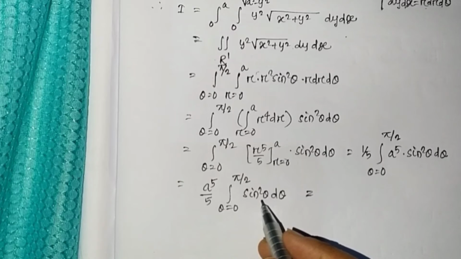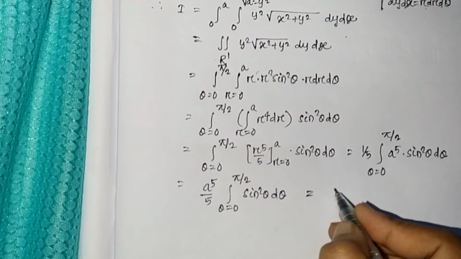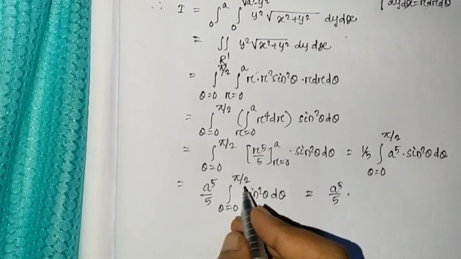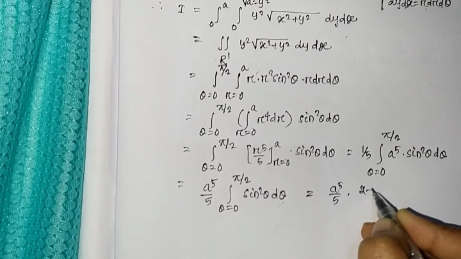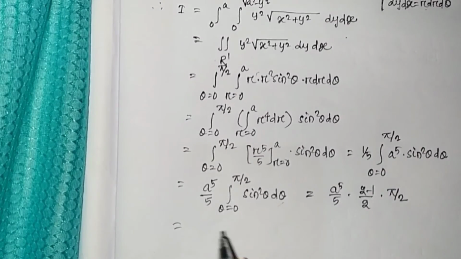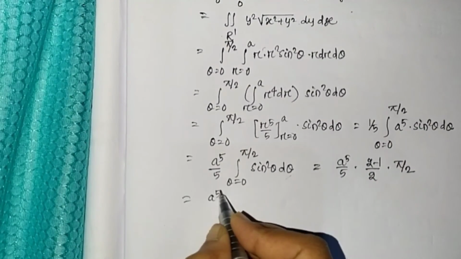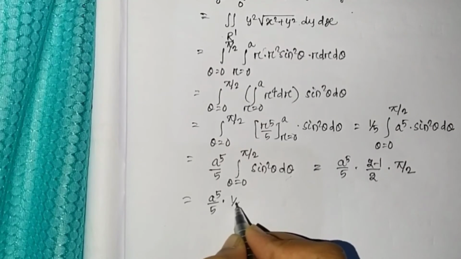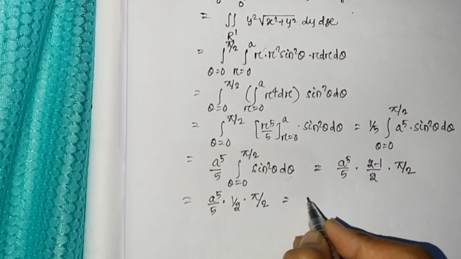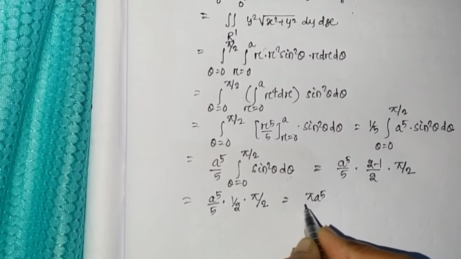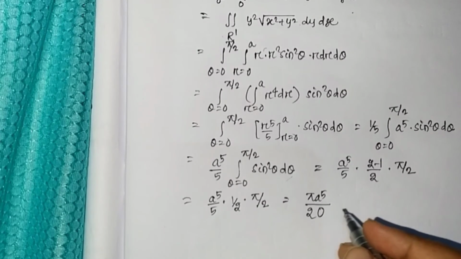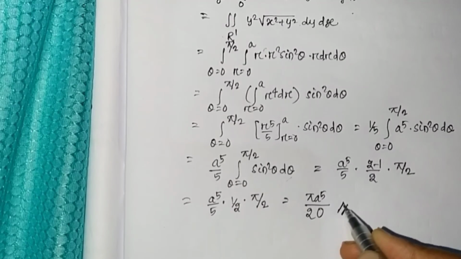By the reduction formula, the integral of sin n theta d theta from 0 to pi by 2 gives 2 minus 1 divided by 2 into pi by 2. So that equals a to the power 5 divided by 5 into 1 by 2 into pi by 2, which equals pi a to the power 5 divided by 20. So this is our value of the integration.